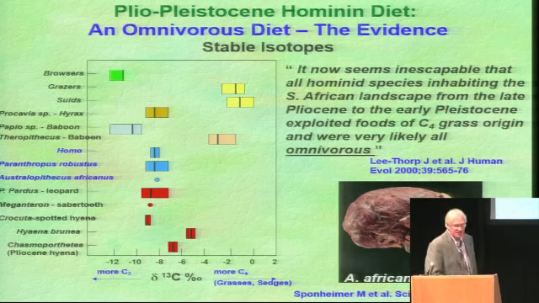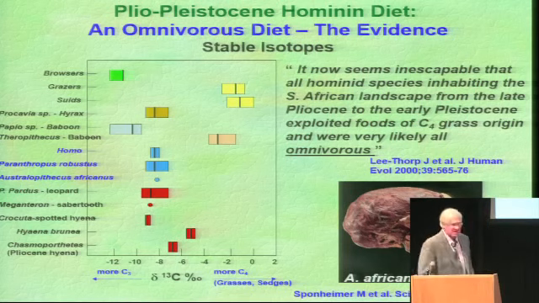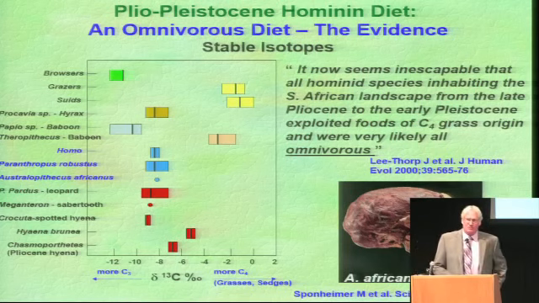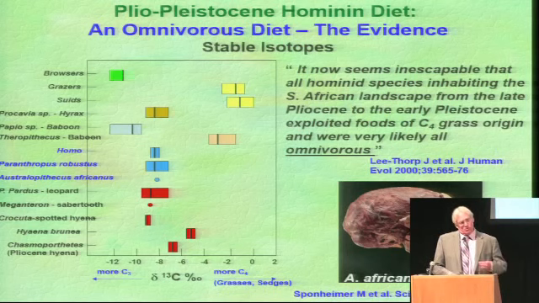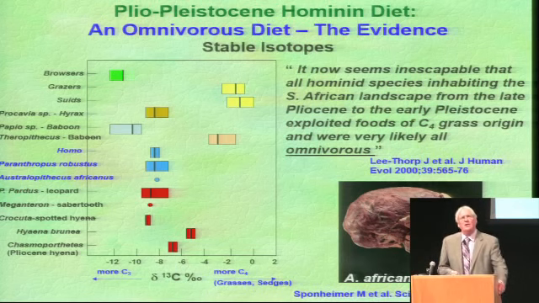The reason that they have that mixed signal is because they're eating the flesh of animals that are either grazers or browsers. And if we look at the early hominids, Homo and Paranthropus and Australopithecus, which are these blue ones, you can see that they also have a mixed signal. No living ape eats grasses, and they're indigestible because they contain high amounts of cellulose, and we don't have the enzyme. No mammal has the enzyme cellulase to break down cellulose.